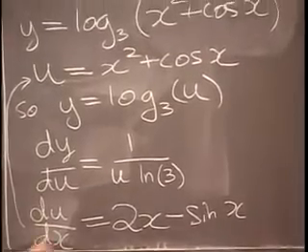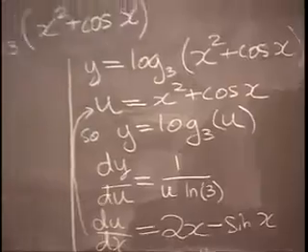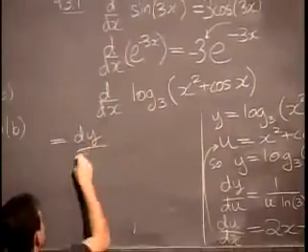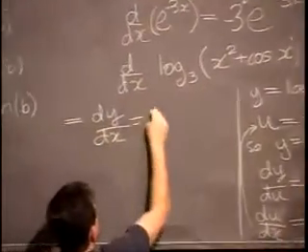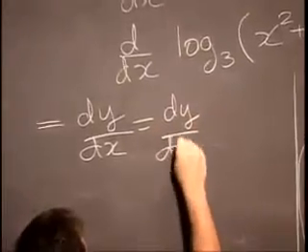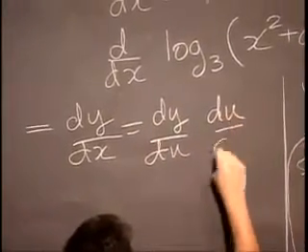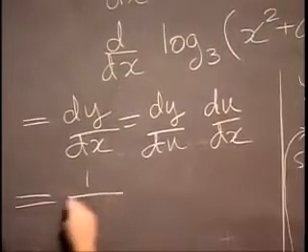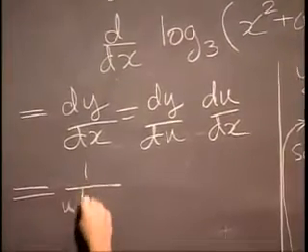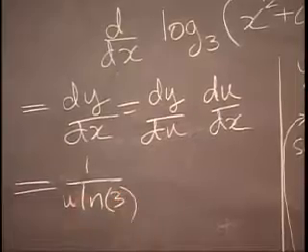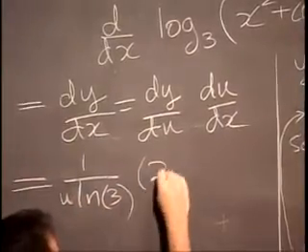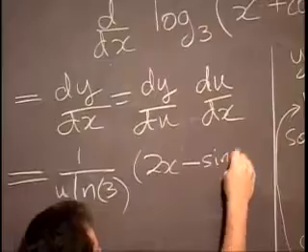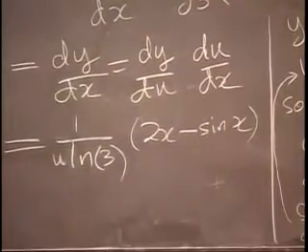Okay, so in any case, this, of course, is dy dx, because y is the nasty thing. And, of course, that's dy du times du dx. dy du is 1 over u log 3. du dx is 2x minus sine x. Now I have to go back to x land.